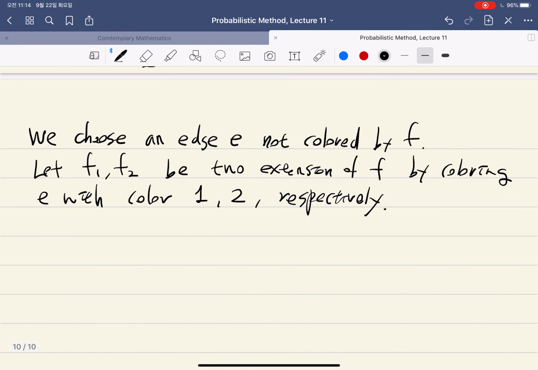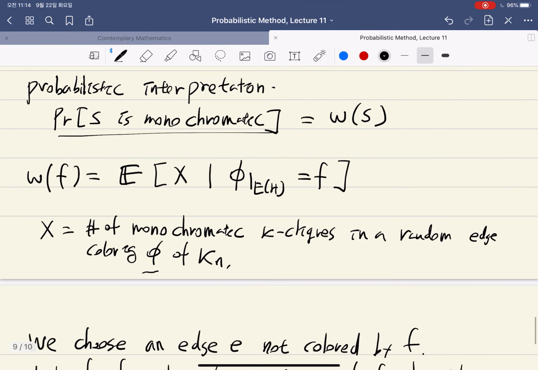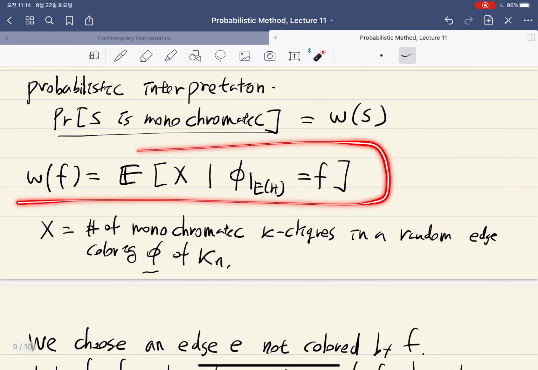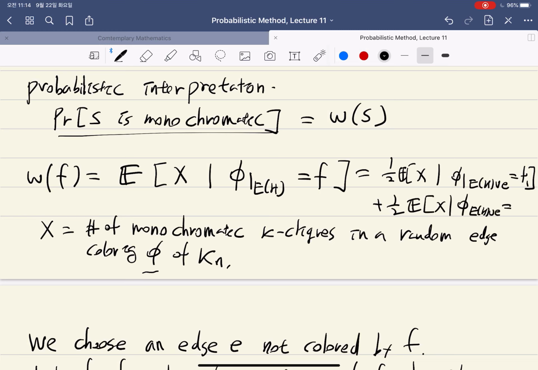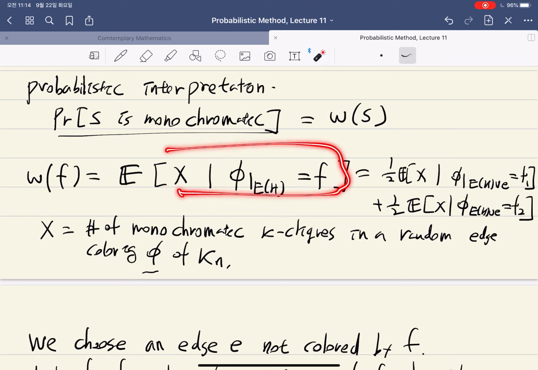Then what do we know? Because of this interpretation, this is a conditional expectation, and this is exactly half times X restricted to F1 plus half times X restricted to F2.